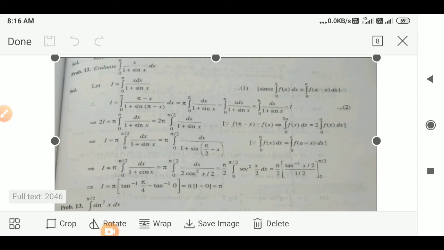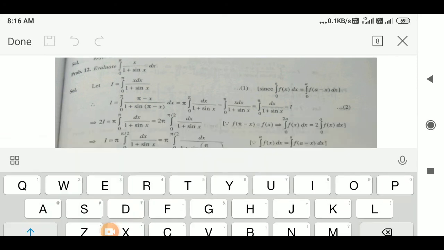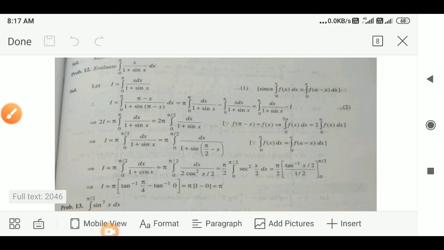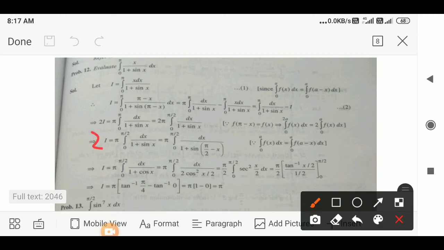Then what will happen? Integral 0 to 2a of f(x) dx is twice integral 0 to a of f(x) dx. So this will become 2I is equal to 2 pi times integral 0 to pi by 2 of dx upon 1 plus sin x.